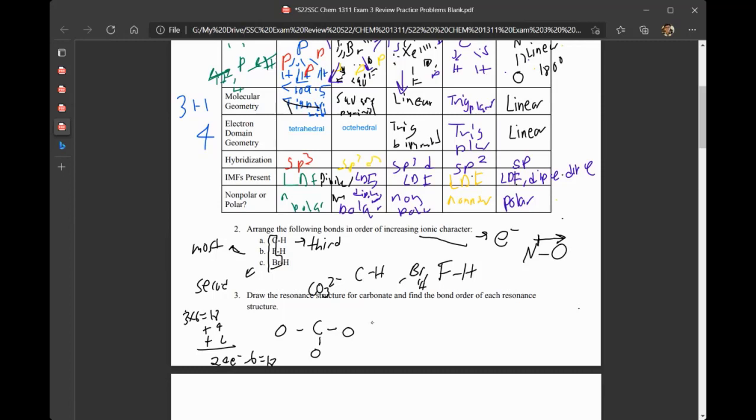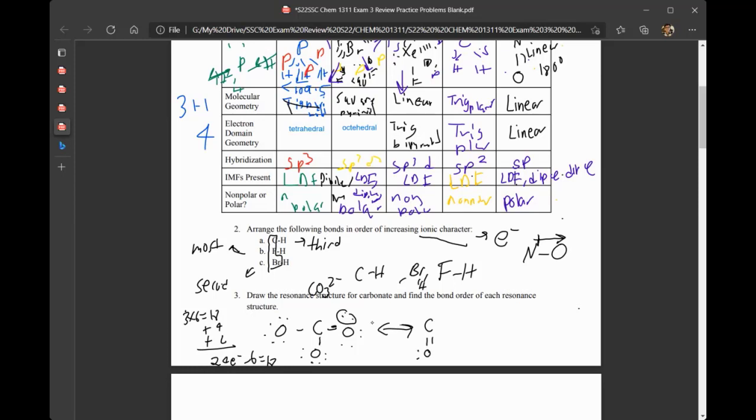18? Okay, so go ahead and fill that out. 2, 4, 6, 8, 10, 12, 14, 16, 18, right? We have 18 here, but notice how we ran out of electrons. So what we have to do is take this and make a double bond, like that. Drawing the resonance structures, we use these arrows to denote that they're resonating.